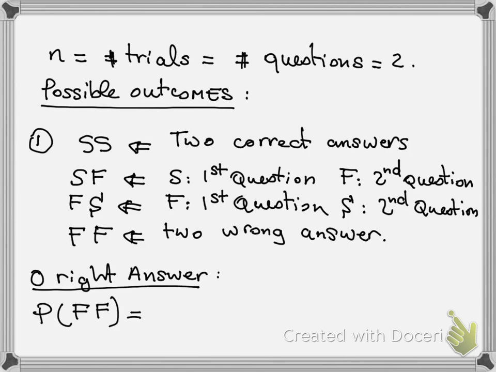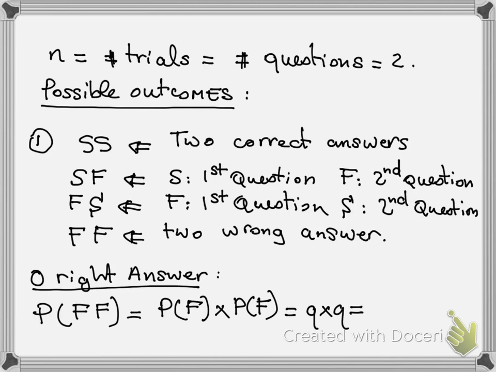We are using "and", so that will be a multiplication. The two events are independent, so we just multiply the two probabilities. P of F times P of F, so what's P of F? We said that's the probability of failure, so that's Q times Q.